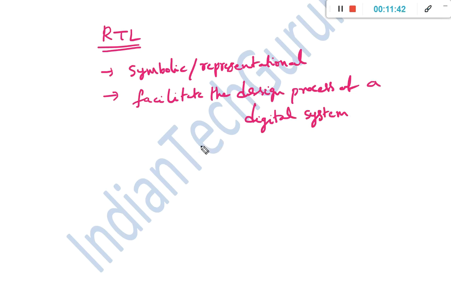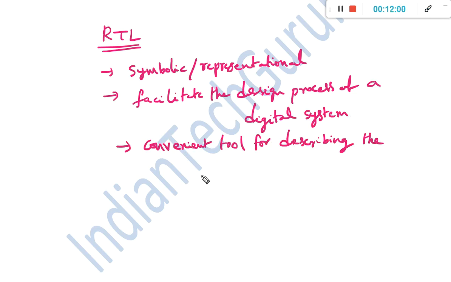Okay, similarly, it is a convenient tool for describing the internal organization of digital computers.